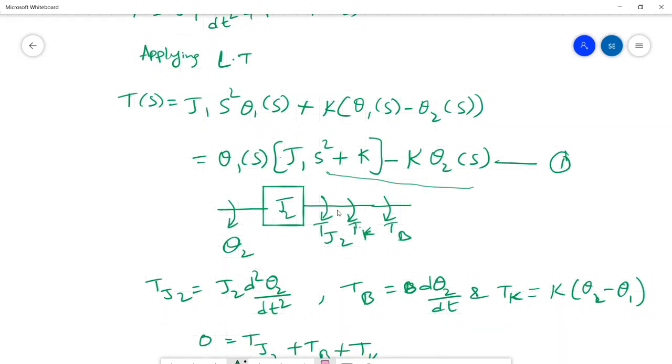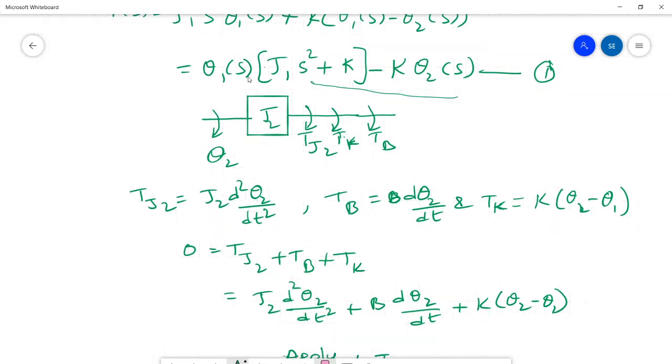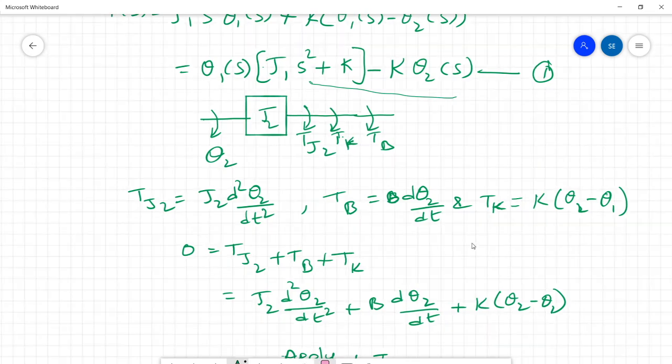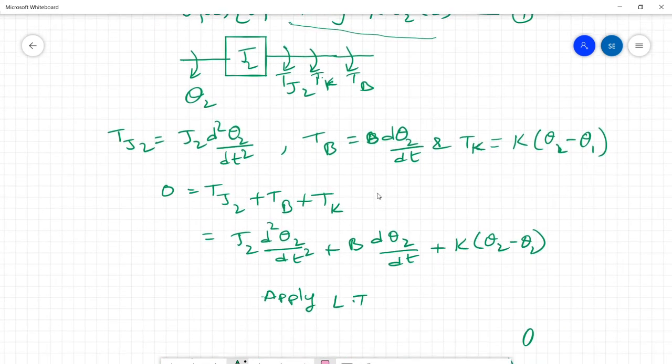Then we have to go with J2, apply all the forces on J2, and repeat the same procedure you did for getting individual torques. Summate all the torques. Since we don't have an external force or external torque, we equate it to 0. So 0 is equal to Tj2 plus Tb plus Tk for J2, right?